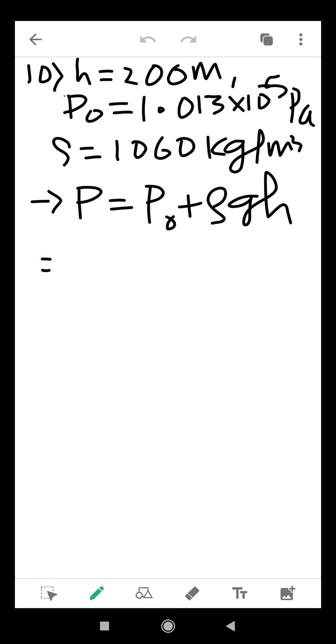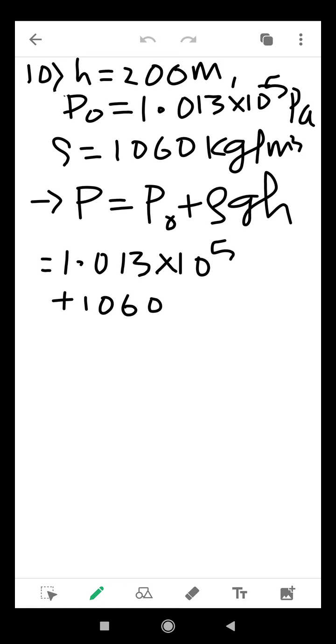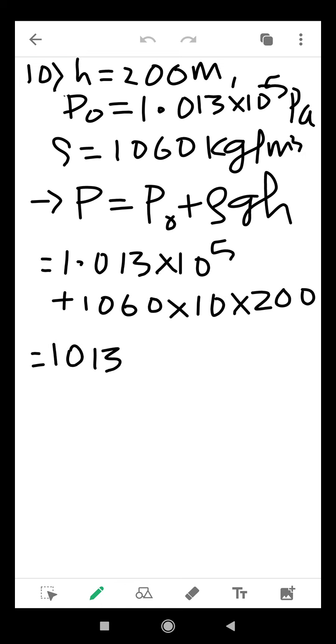Put the values. P0 is 1.013 into 10 to the power 5, plus the value of rho is 1060. The value of g you will take 10. Height is 200. So when you multiply 1.013 with 10 to the power 5, it will be 101300, plus when you multiply these three quantities, it will turn out to be 2077600.